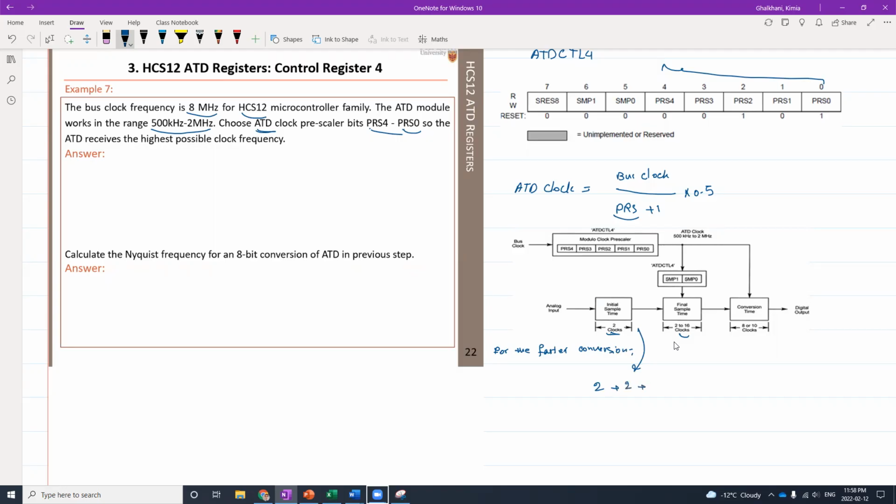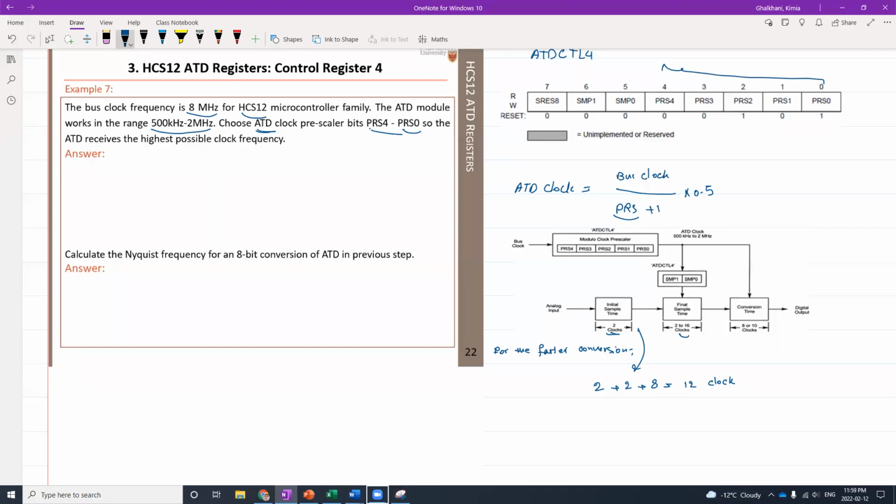In here also, I'm going to use 2 final sample time. And also this is going to be either 8-bit or 10-bit, and since I'm going to have a shorter conversion or shorter result, then I'm going to select the 8, right? So it is going to be 12 clock for the faster conversion. So it means it takes 12 clock to have one binary value from the conversion.